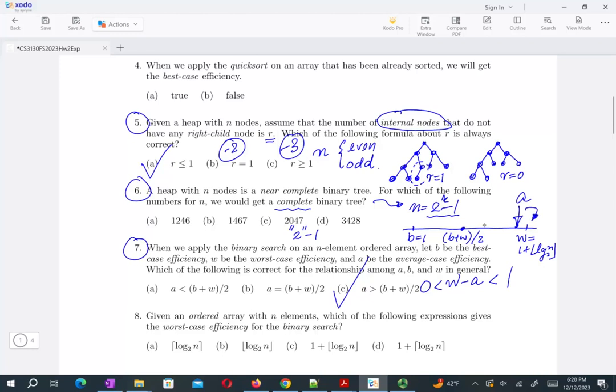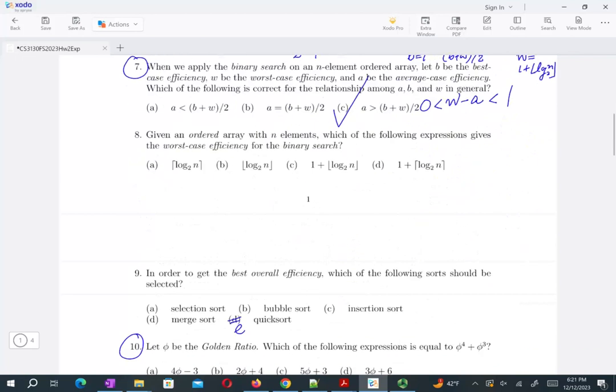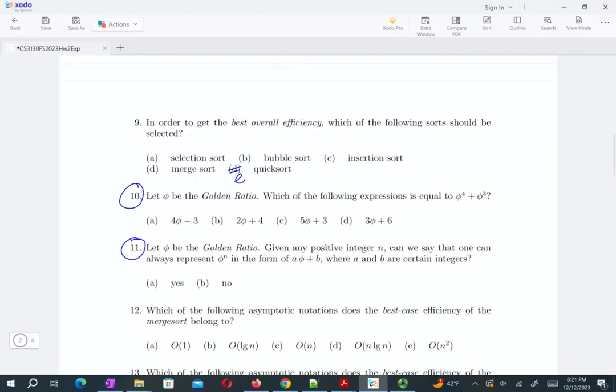So it should be at the right-hand side of this (B plus W) over 2, so it should be greater than that middle number. So it's C. To see it in this way. All right. Next question.